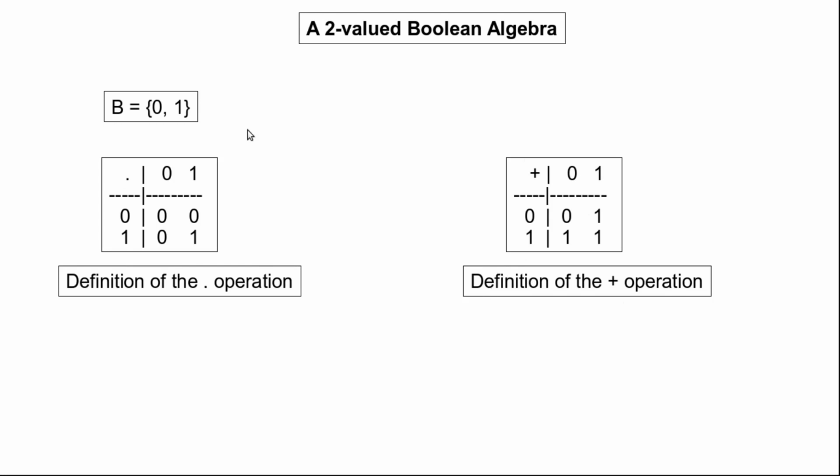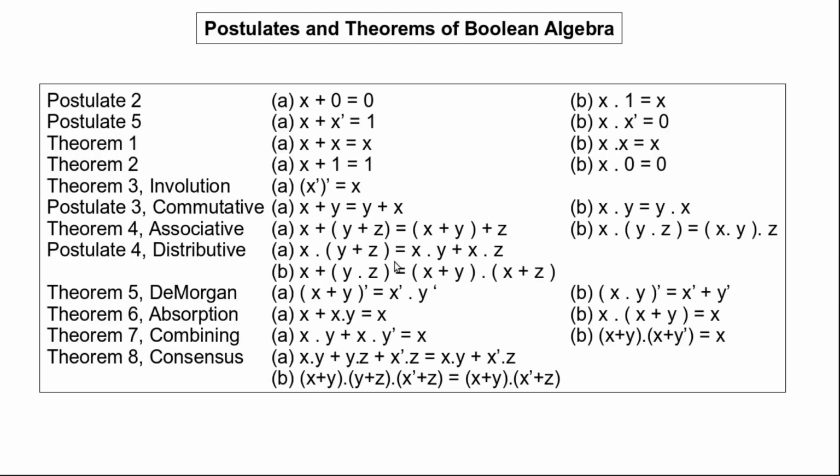And if we define the two operators in this way, you will see that this system satisfies all the 6 conditions that are required to be Boolean algebra, and hence we can say that this is a 2-valued Boolean algebra. And now we can summarize the postulates and theorems of Boolean algebra in this table.